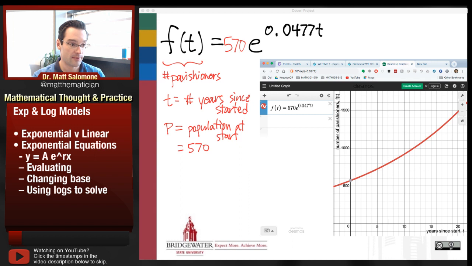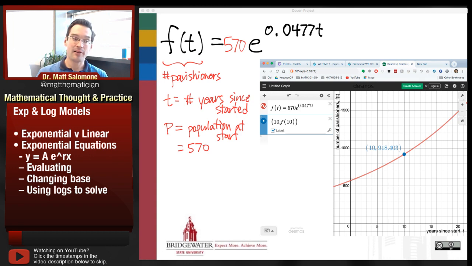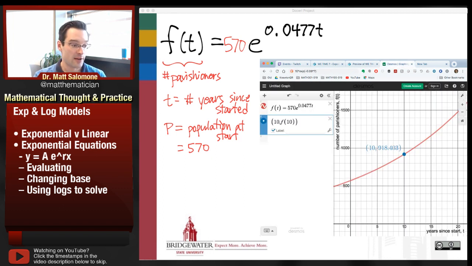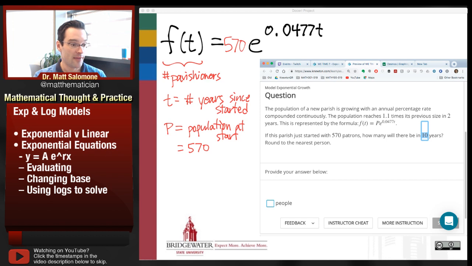So if I were to put a point right there, its x-coordinate would be 10, and its y-coordinate would be f of 10. This point is going to show me the population after that many years. And when the graphing calculator does the calculation, it comes up with the number 918.403. So we would expect, rounding to the nearest person, that is 918 people.